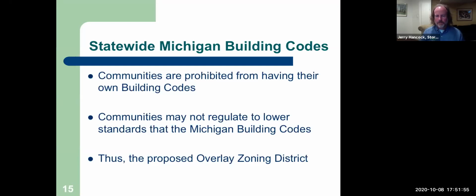So as long as there's not something like that proposed, that building permit would be issued, and it would become irrelevant to the substantial improvement calculation because you're not ever doing that calculation.